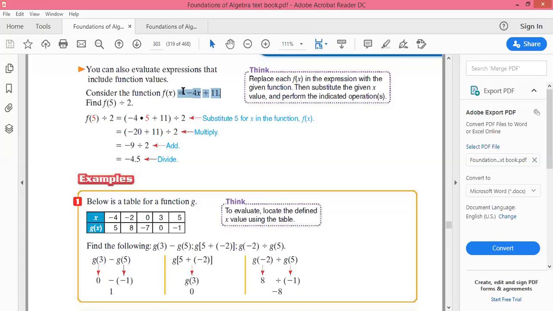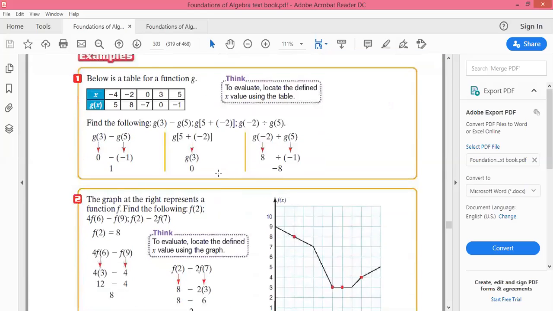This is a function. Can you see the maximum power here? The power of x is 1, because it's not written there, so its power is 1.